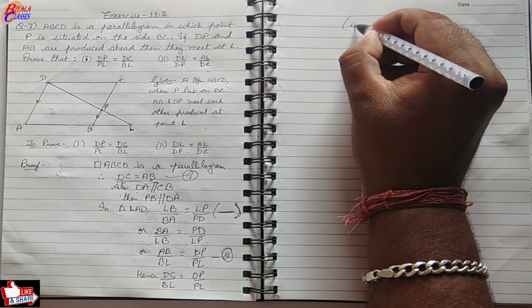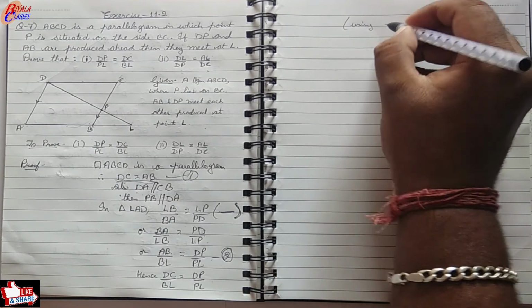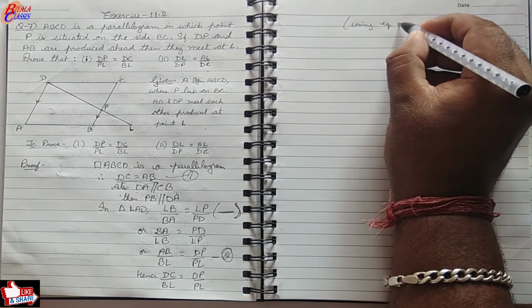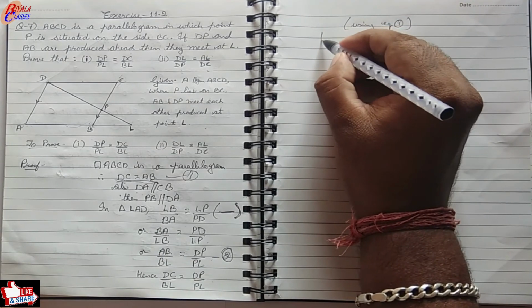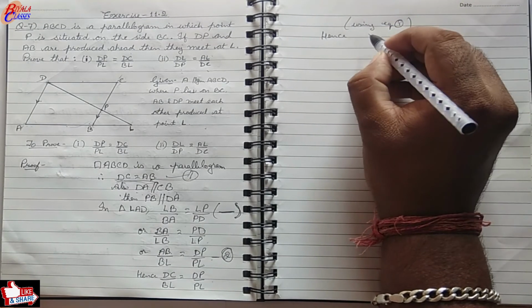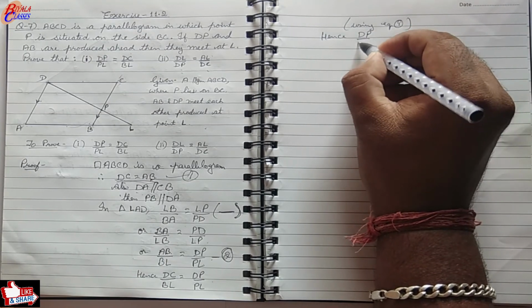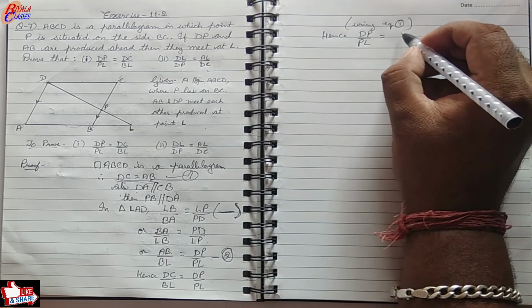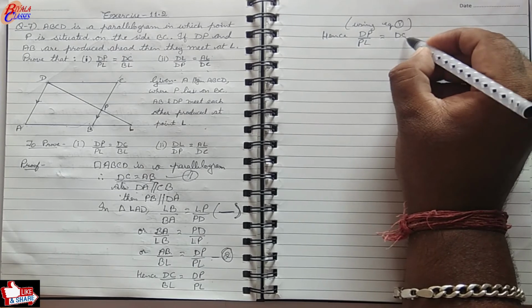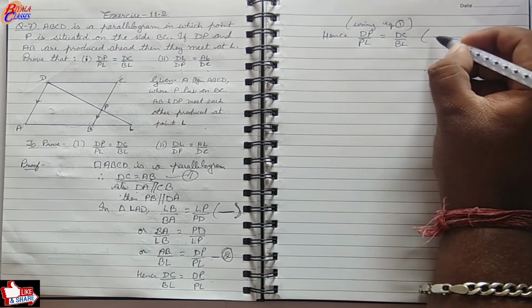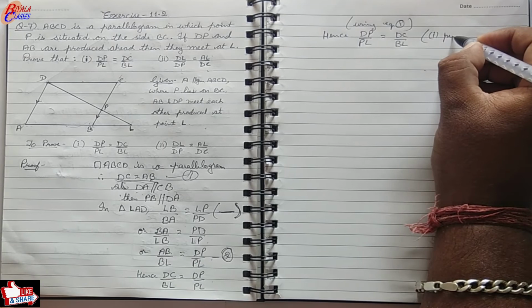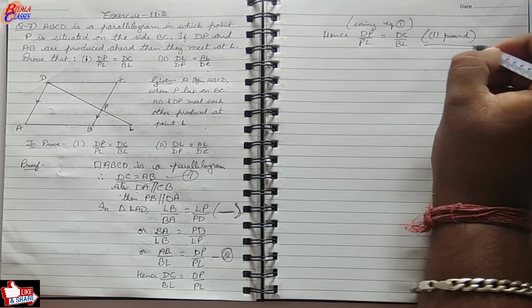This result we get from using equation 1. So hence we have DP upon PL is equal to DC upon BL. Here the first part which we need to prove is proved.